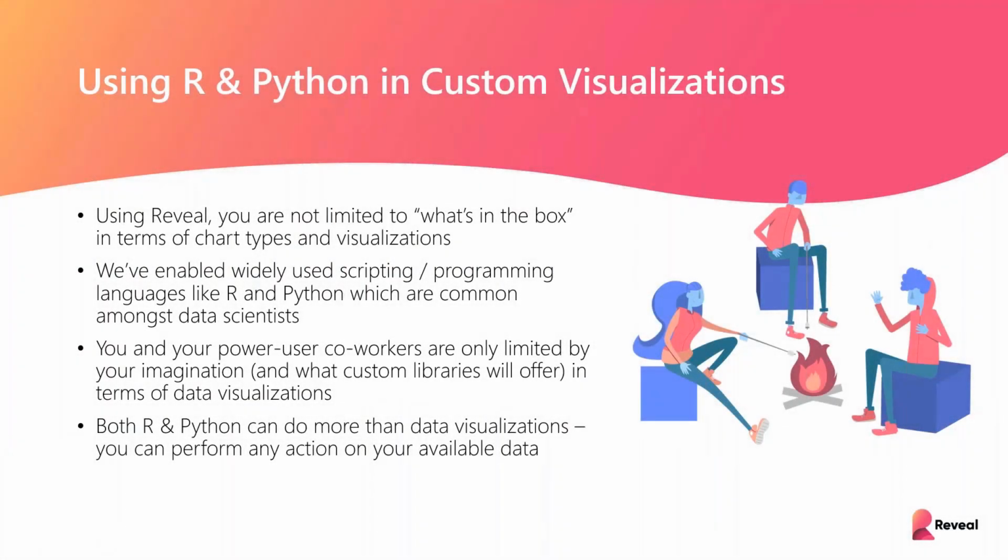We added R and Python scripting in a release in the product last year, around December, I believe, and it really just allows you to use these custom libraries in Reveal. So what we're trying to do is not limit you to what's in the box in terms of chart types, visualizations, and even the overall capability of Reveal.